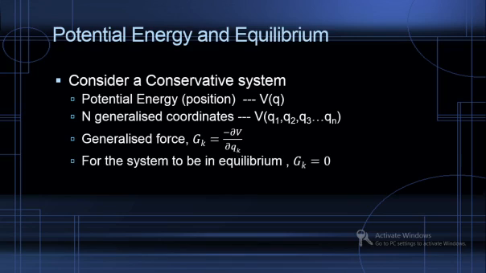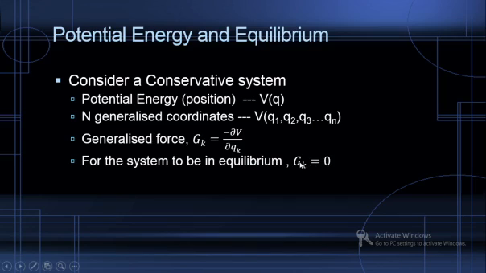For a system to be in equilibrium, any force acting on that system must be zero. Whenever no force is acting on a system, the system will be in equilibrium, which means Gk is equal to 0.